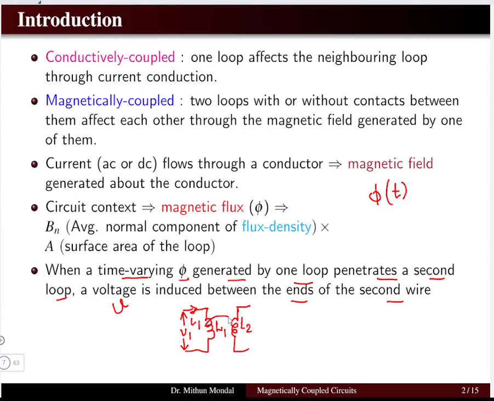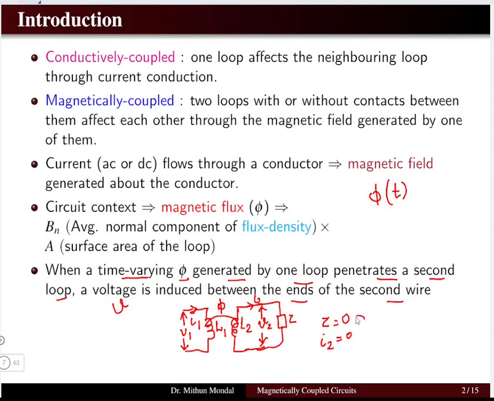Now if the two coils are related to each other with the magnetic flux which is common between the two coils, then due to Faraday's law of electromagnetic induction, there will be some voltage produced in the second coil. If we connect a load in the second coil to complete the circuit, then there will be a current flowing in the second coil. If the load is 0, it means there is no load, so the current will also be 0.